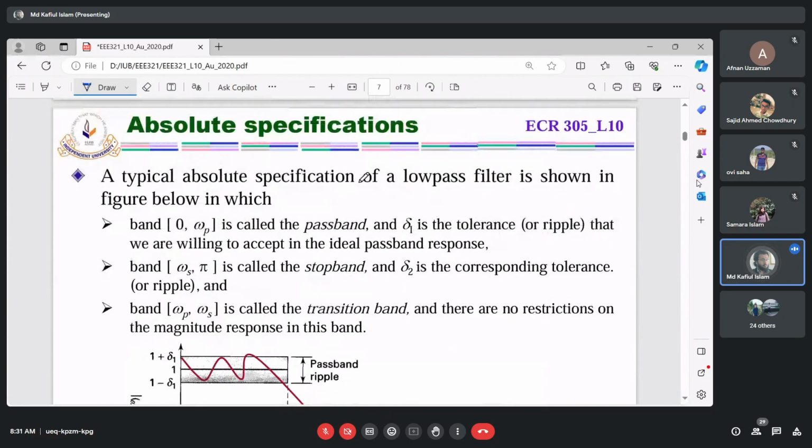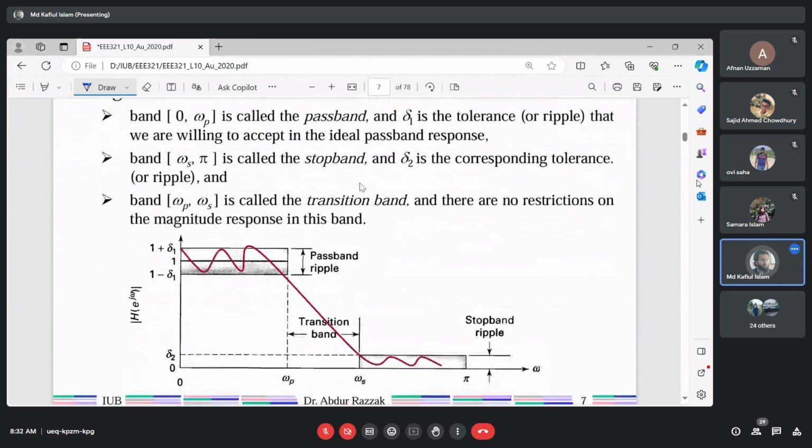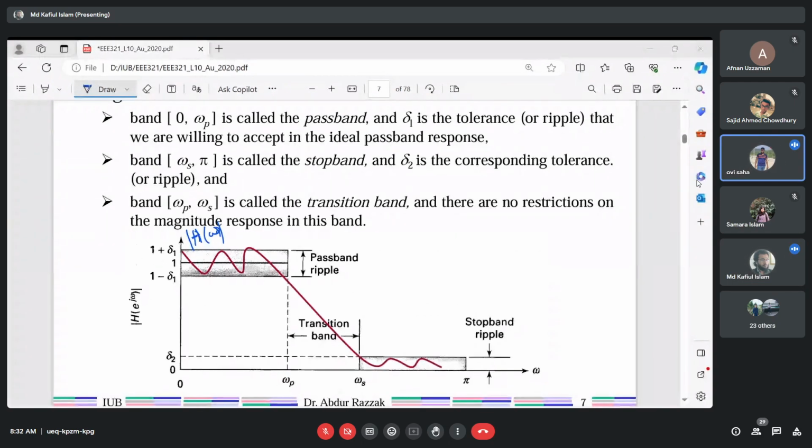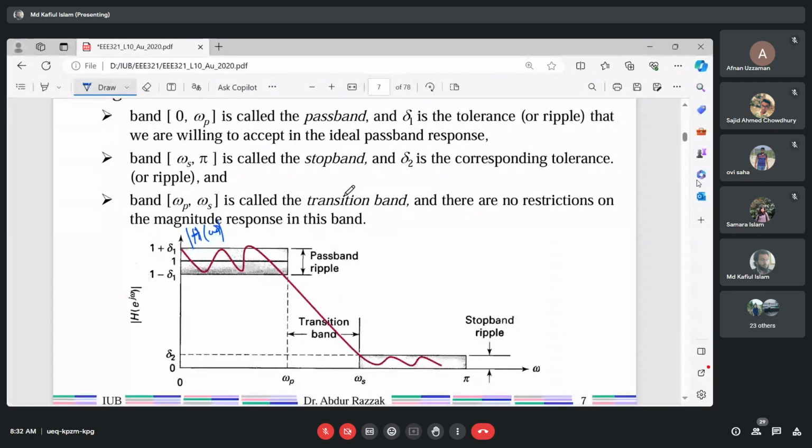Now let's talk about the absolute specification. So what is the practical characteristic of an FIR or a typical filter? This is the typical characteristic. What we have plotted here is the magnitude of H of omega, with respect to omega.